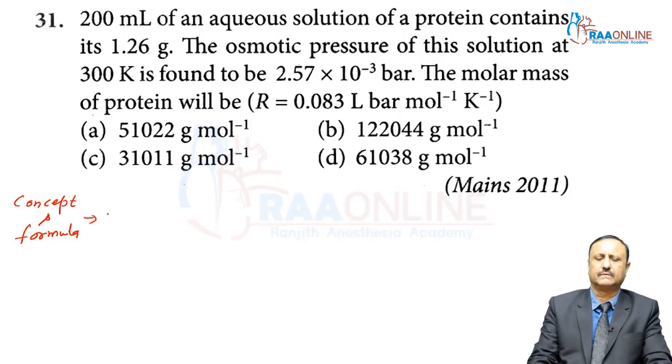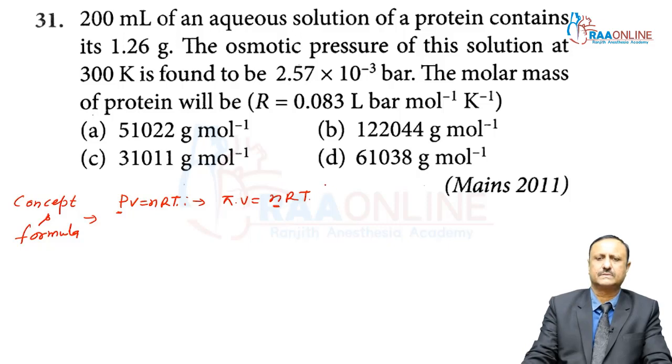In question number 31, first of all, we have osmotic pressure. So, in an ideal solution, PV is equal to nRT you can take, and this P is for osmotic pressure. So, you can also take pi V is equal to nRT, and n is the number of moles.